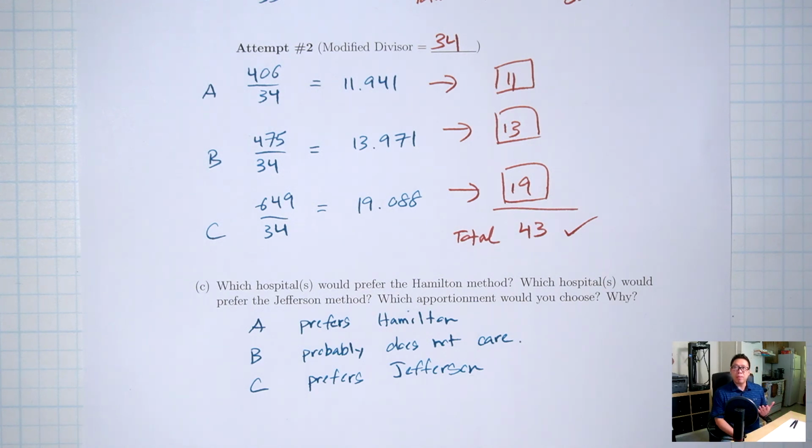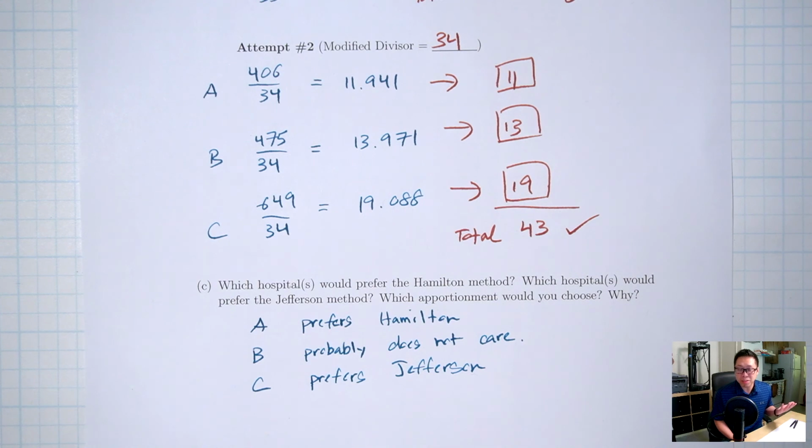You may be used to math having one correct answer, but this is a situation where there's no correct or no best answer. The best answer depends on who you talk to, right? If you ask C, C is going to say Jefferson is the best. If you ask A, A is going to say Hamilton is the best. And which method actually is used most of the time depends on who's in power, right? Whoever's in power is going to choose the method that benefits them the most. So that's what I want you to take away from these past couple lectures.